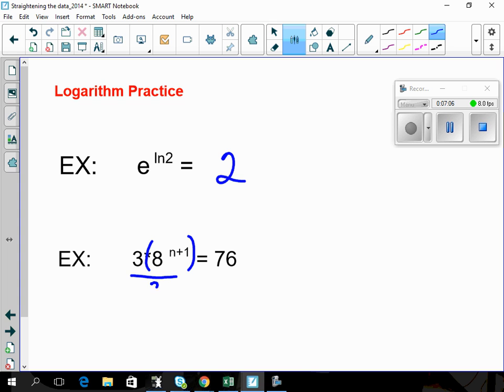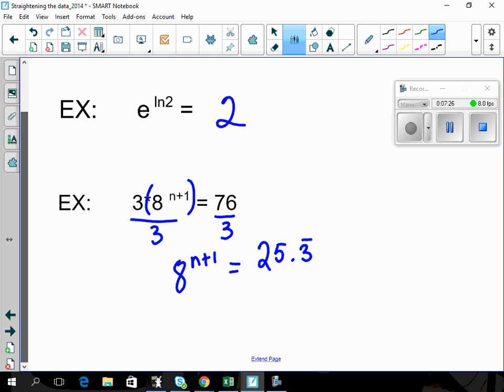So if I divided both sides by 3 first, and 76 divided by 3, ugh, okay, that's fine. 25 and a third, that's fine, okay? So at this point, do you mind if I change that? I wanted to make it so that it would equal a power of 2.